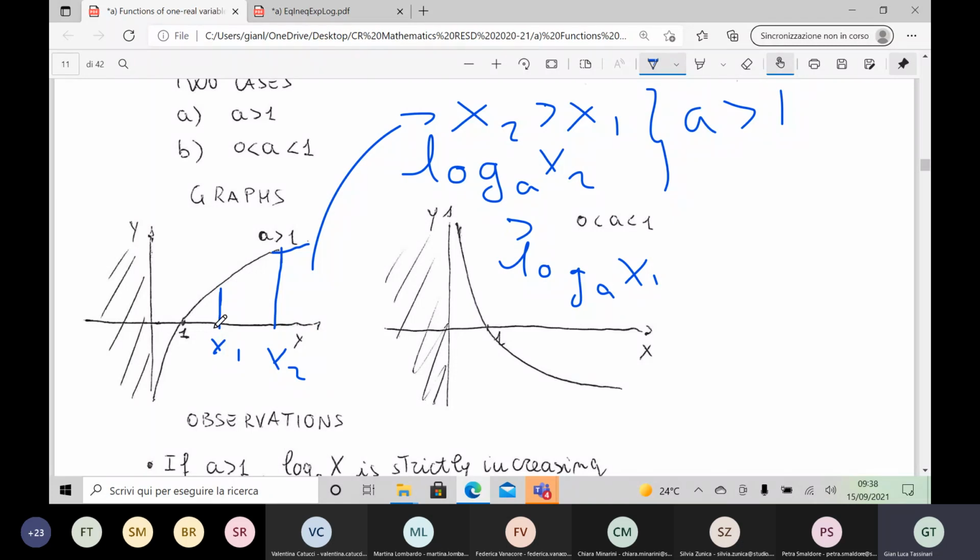And then you observe that also logarithm of x2, which is this vertical distance, is bigger than logarithm of x1. So if you take the logarithm of both sides with basis a bigger than 1, the verse of the inequality remains unchanged. Now, let me cancel, and I show you what happens in the second case by using again the picture.